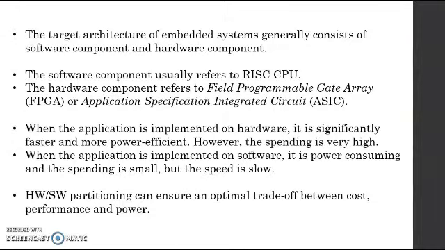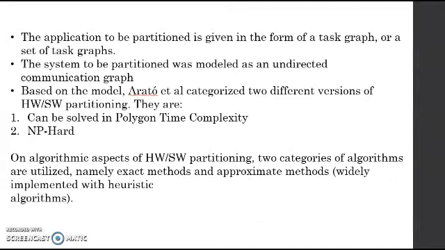and power is taken. So the application to be partitioned is given in the form of a task graph or a set of task graphs. The system to be partitioned was modeled as an undirected communication graph. Based on the model, Erato et al. categorized two different versions of hardware-software partitioning.